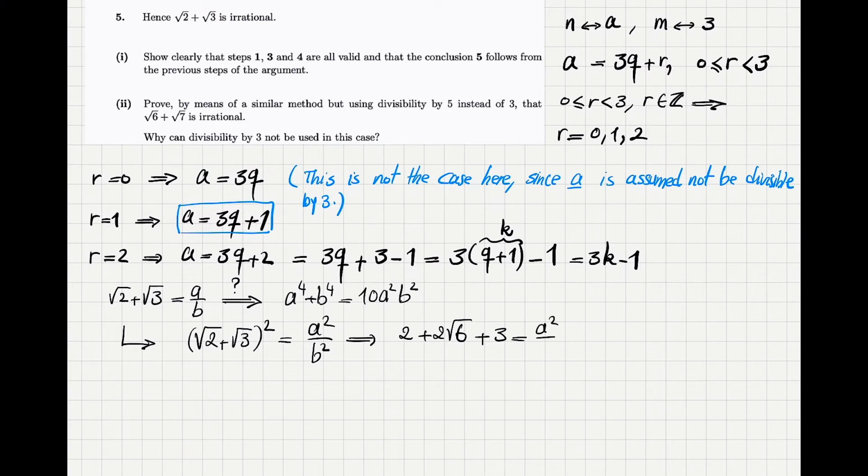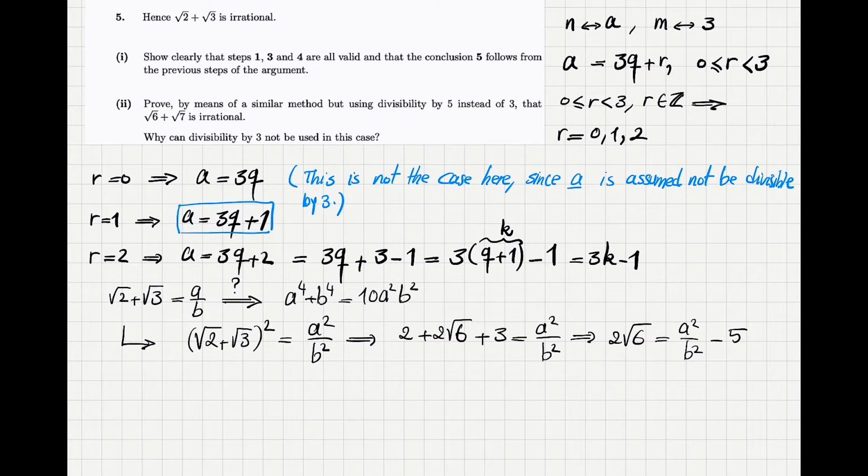And then I will have a squared over b squared on the right hand side. Now 2 plus 3 is 5. I move 5 to the right hand side. Then I will get 2 square root of 6 is equal to a squared over b squared minus 5.